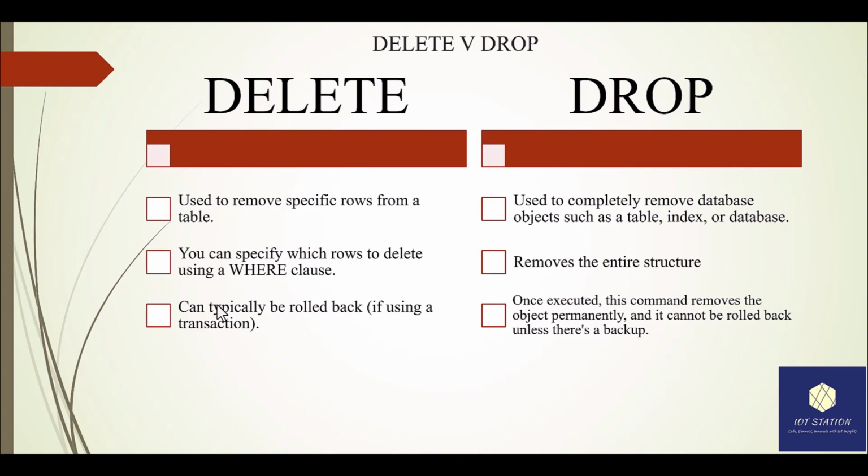It can remove all the constraints, relations, and everything. And when you drop, there is no possibility to undo that. This item will be removed permanently, and there is no rollback. So these are the differences between delete and drop.